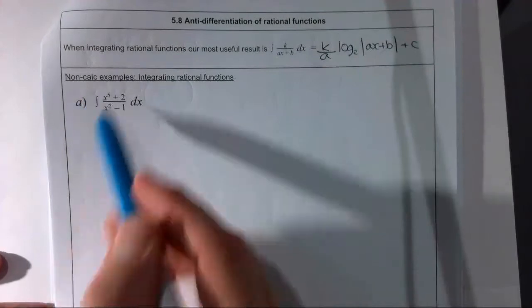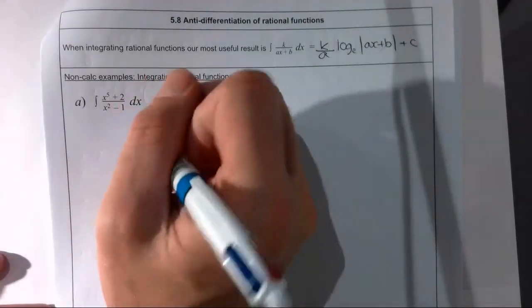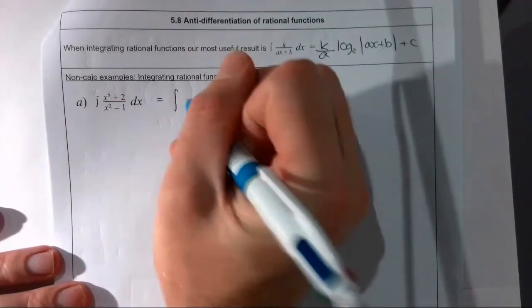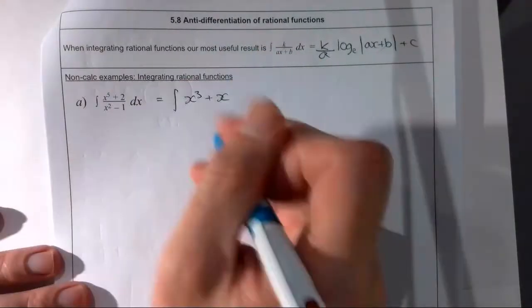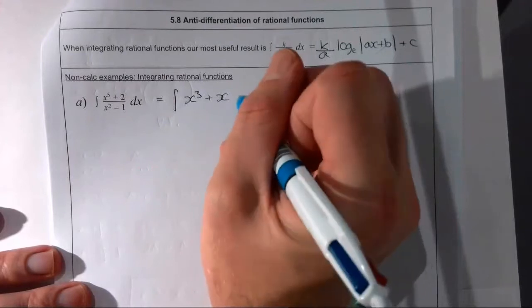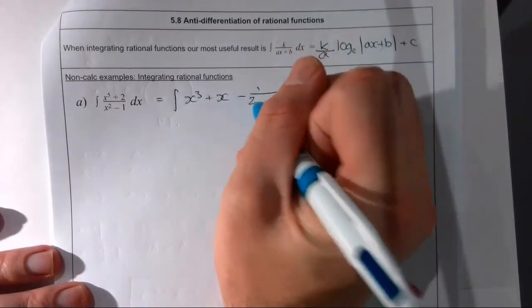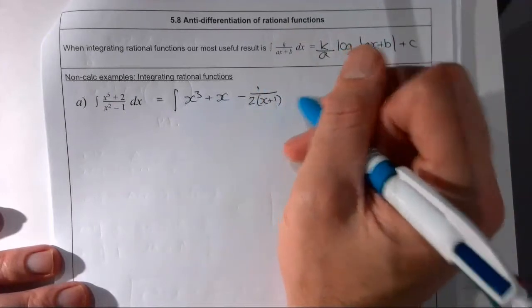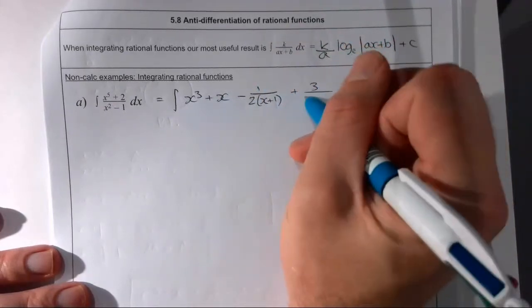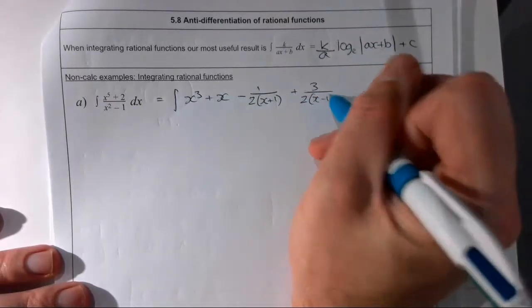So you did the partial fractions for part A, and it's actually the same one we looked at yesterday. You have that whole number part, x cubed plus x, then minus a half of x plus 1, and then plus 3 over 2 x minus 1, dx.